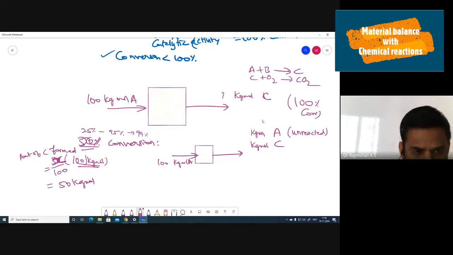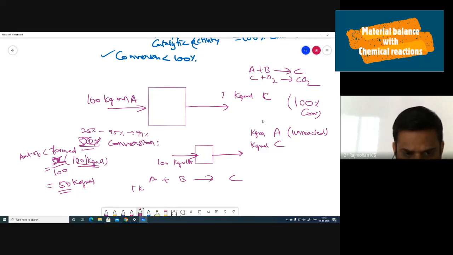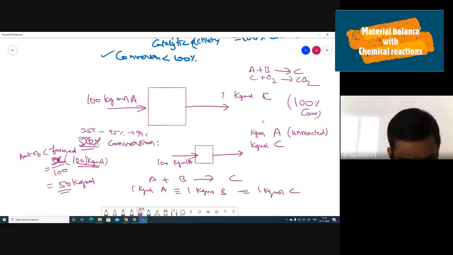Whatever is the basic feed basis you have taken, 100 kg moles, only that much is taking part in the reaction. And we have written the reaction that 1 kg mole of A reacts with 1 kg mole of B to form 1 kg mole of C. So in this, only 50 kg mole is taking part in the reaction.